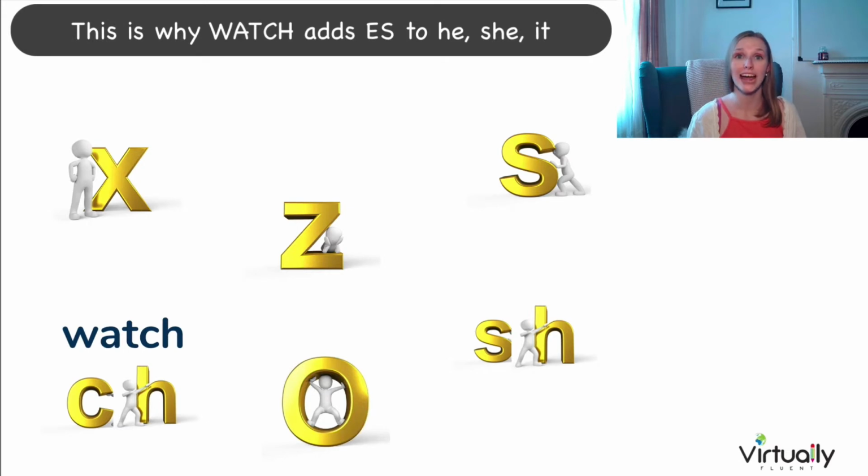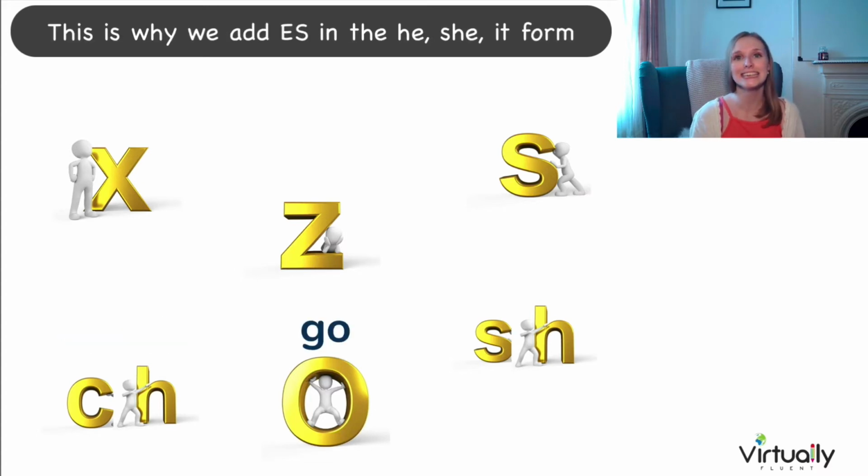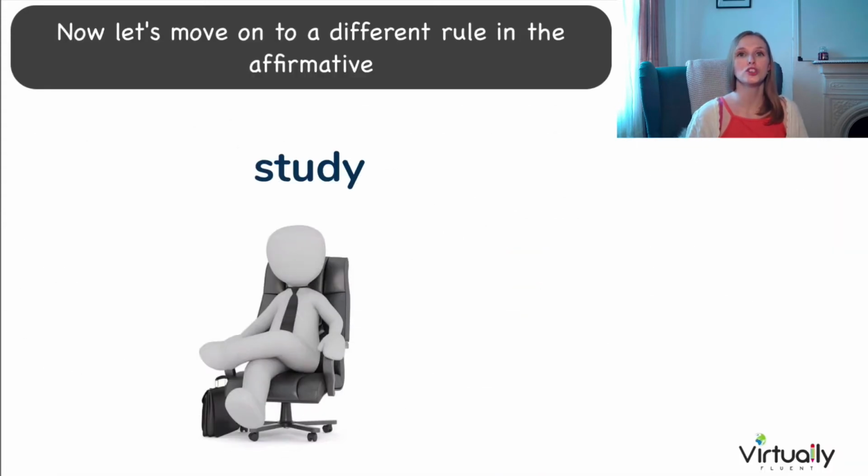This is why watch adds ES to he, she, it, because the last letters are CH, watch. The same for go. This is why we add ES in the he, she, it form, because go ends in O.